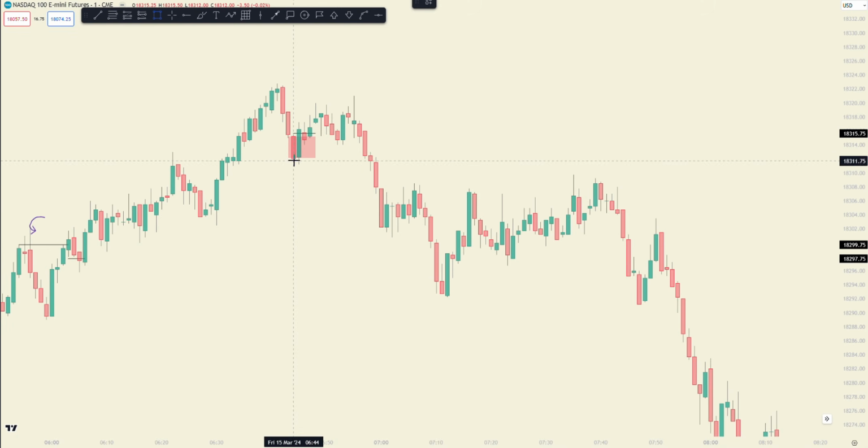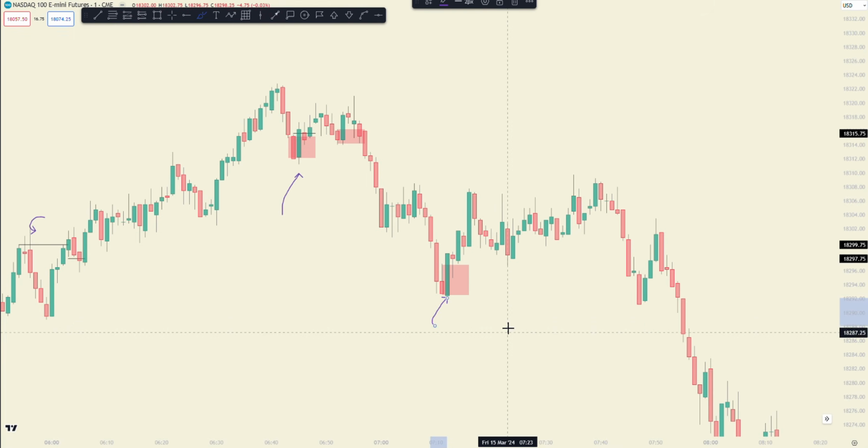We have a bearish candle that got closed above. Again, valid low. We finally have the bearish candle that establishes the low here, get closed above. So that's a low, a low, a low, a low.